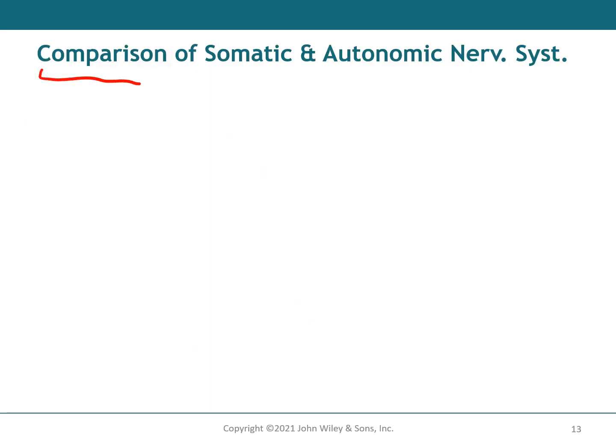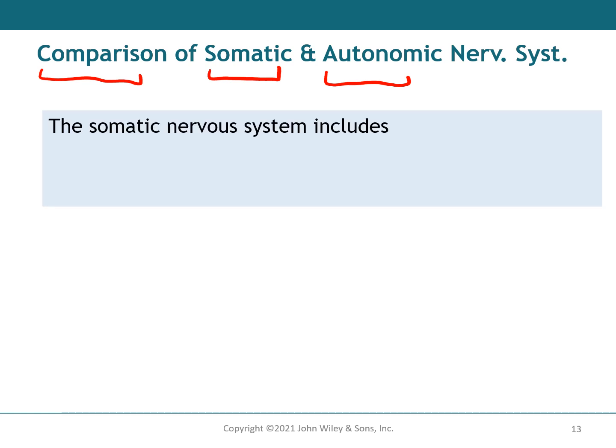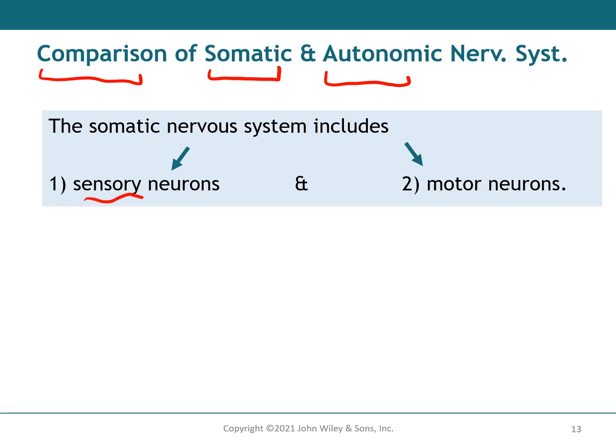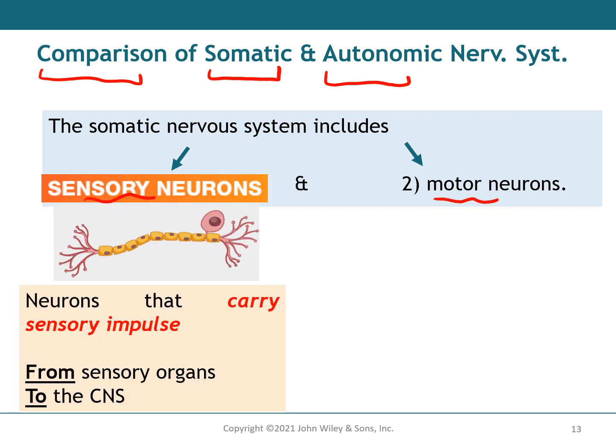In this slide, we will start comparing the somatic nervous system and the autonomic nervous system. The somatic nervous system includes sensory neurons and also motor neurons. The sensory neurons will carry the impulse from the sensory organs like your skin, your eyes, your ears, and the information will move to the central nervous system, to the brain or the spinal cord.